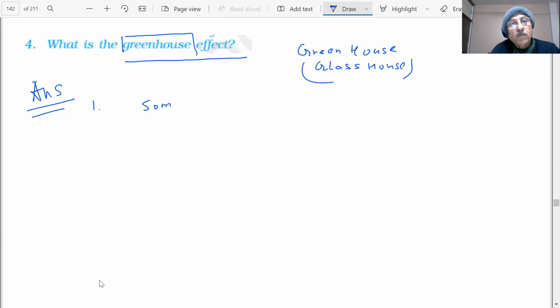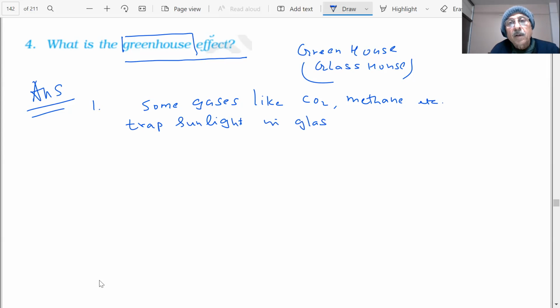There are some gases, student, like carbon dioxide, methane, etc. I'm saying a few; we discussed more in detail. What do they do? They trap sunlight in glass enclosures. That is what we call a greenhouse.